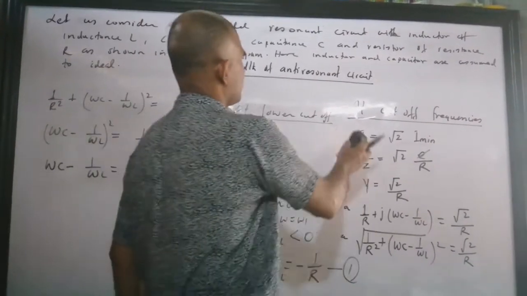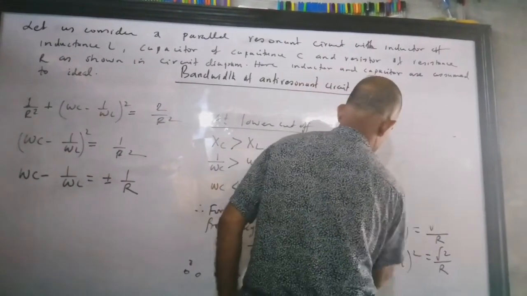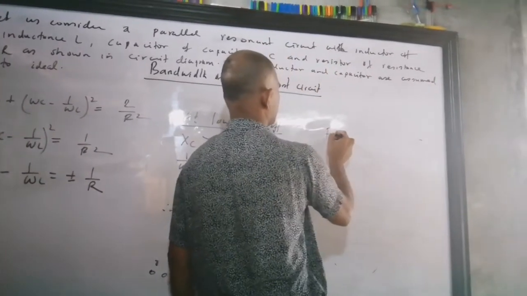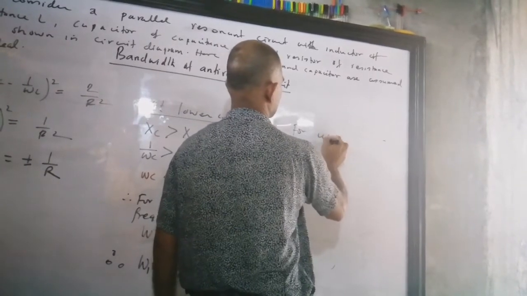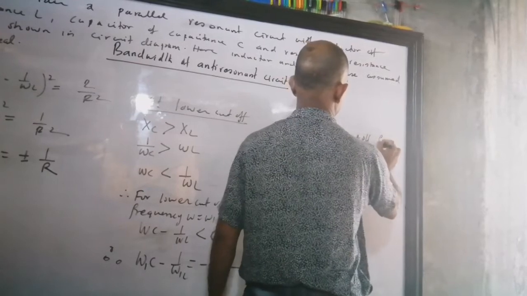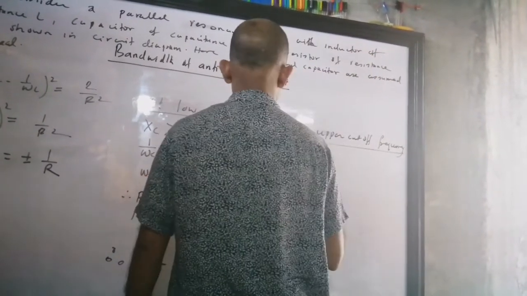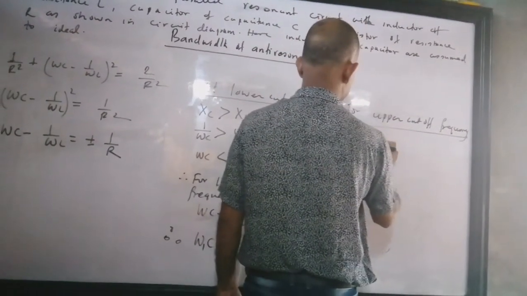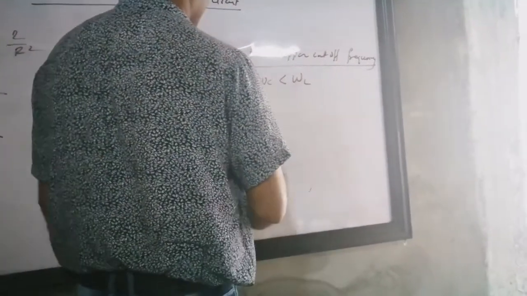For the upper cutoff, let me write again. For the upper cutoff frequency, what do we get? X_C is less than X_L, because we have already crossed the anti-resonant frequency.